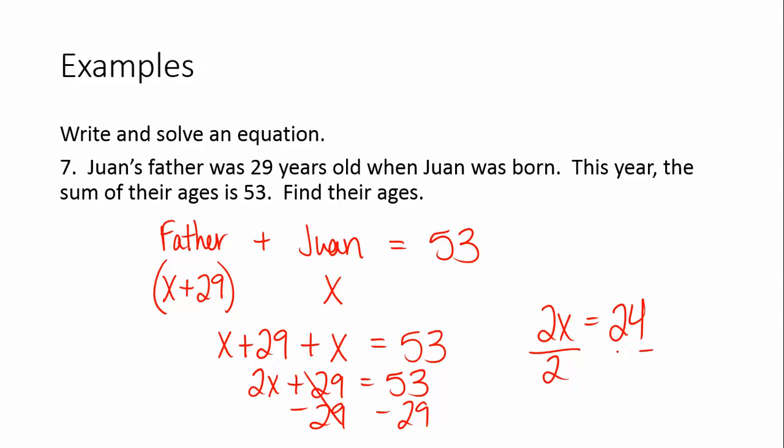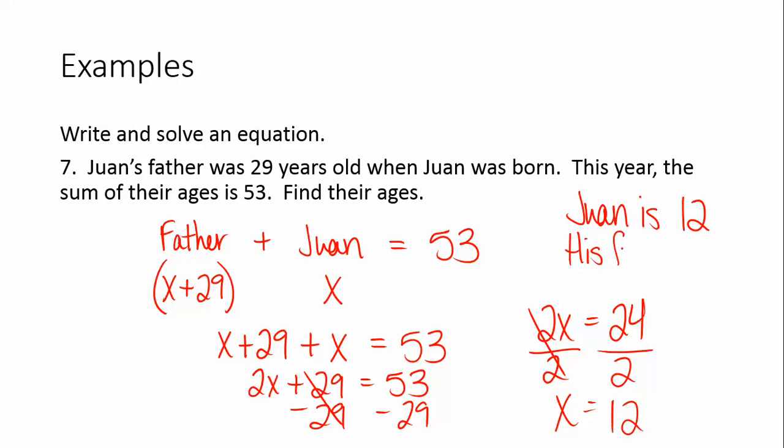Divide both sides by 2. x equals 12. So Juan is 12. His father, we have to do 12 plus 29. 12 plus 29 is 41.